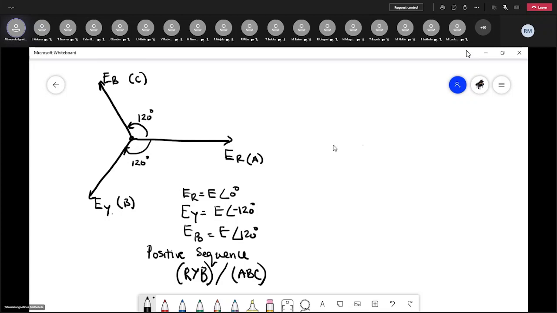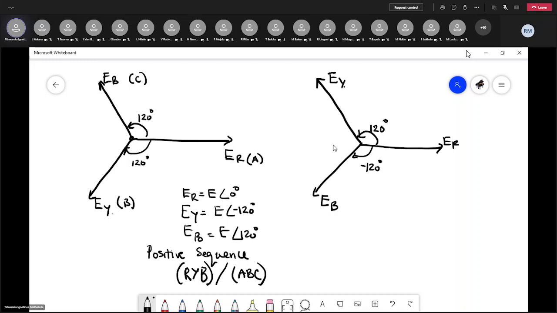On the other hand, for a negative sequence, you'd have ER, and you'll have EB here and EY here. So EB is at positive 120 degrees, and EY is at minus 120 degrees.